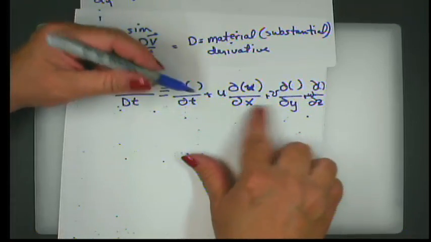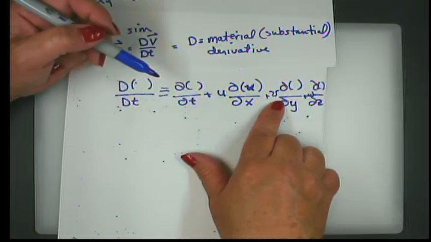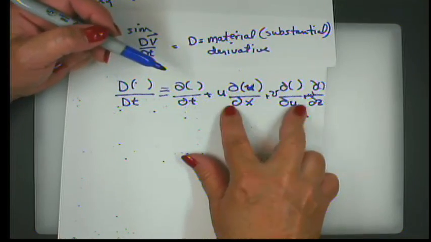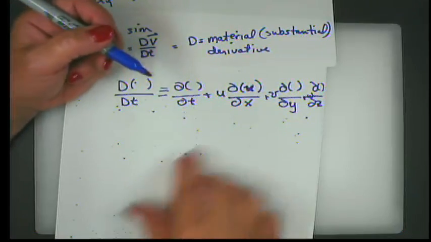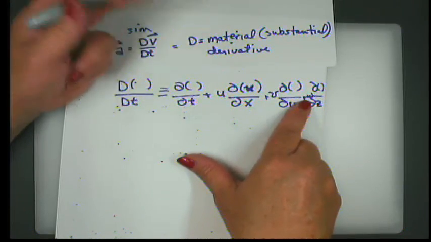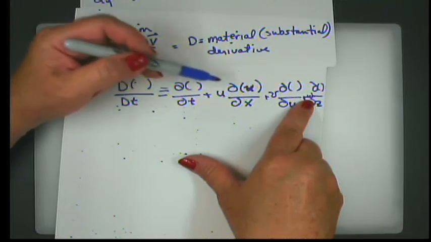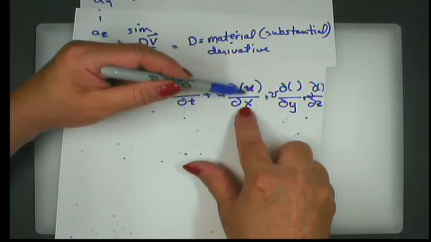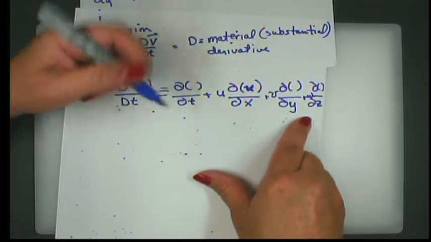And to simplify that, what we can recognize is that we actually have a gradient times a velocity here. Remember, it's the dot product of the velocity, u in the i direction, v in the j direction, w in the k direction, dotted with the del function in x, del function in y, del function in z, which is the gradient.